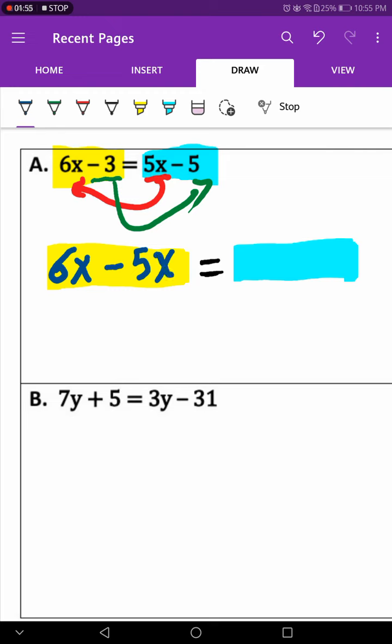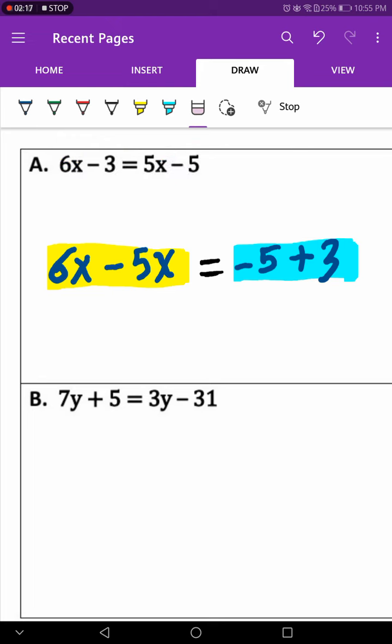What about the right side? It had negative 5 from before, and the new guest, the negative 3, when I move it, will be plus 3.